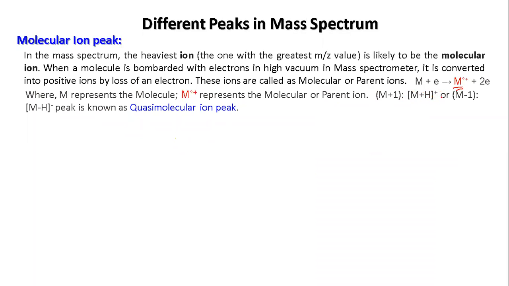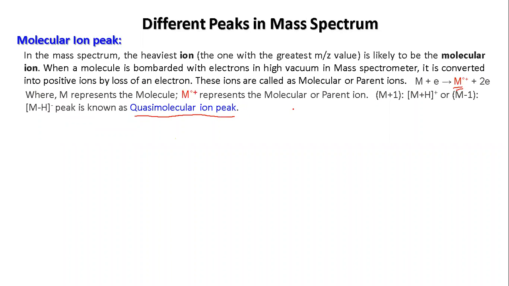The overall charge will be positive. And sometimes you may see the proton eliminated, so M minus 1. M minus H will have one negative charge, because you are giving up H plus. That type of peak, we call a quasi-molecular ion peak.